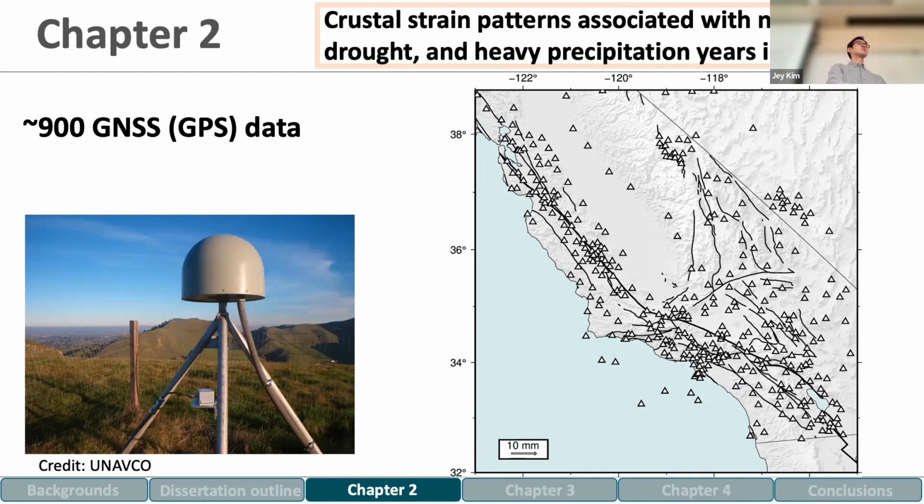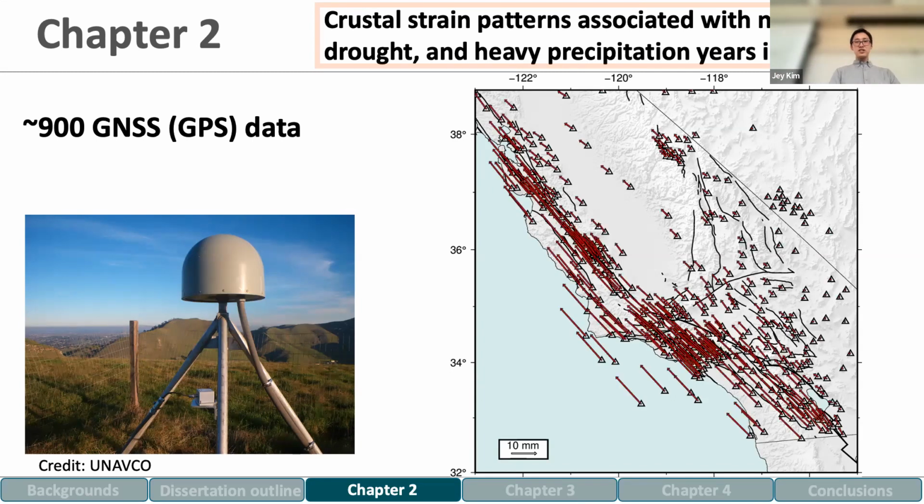So as the crust moves, your receiver moves together. So you are tracking the motions of receivers, and then you are actually tracking the motions of the crust at its location here. Using this technique, we obtain these 900 displacements, and you can see the scale here.